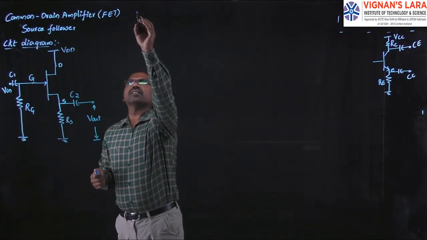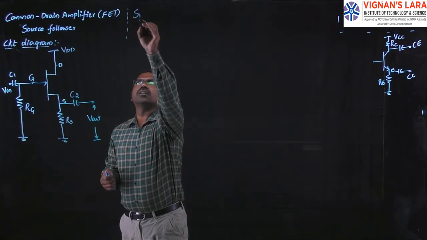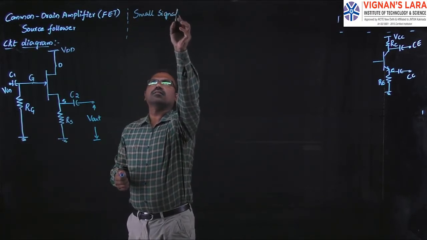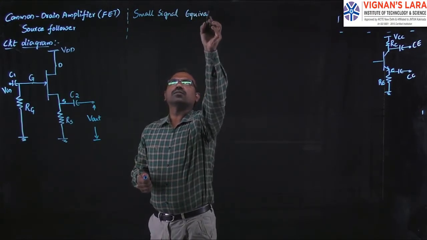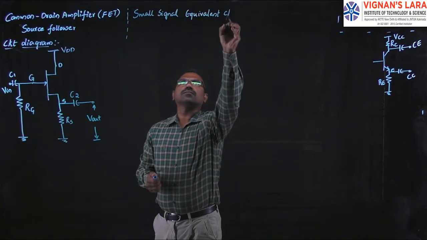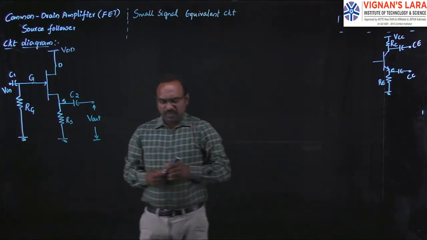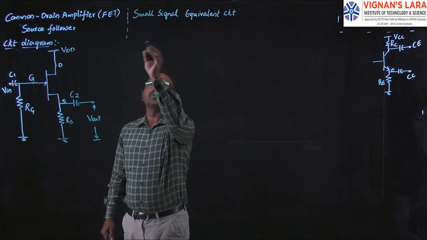So this circuit diagram is the small signal equivalent circuit. Right? So I am replacing the capacitor with a short circuit, so I am removing it.